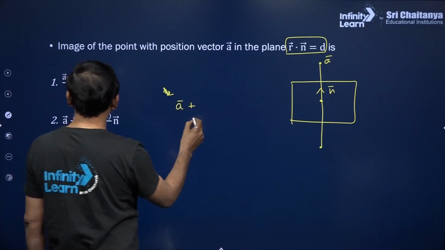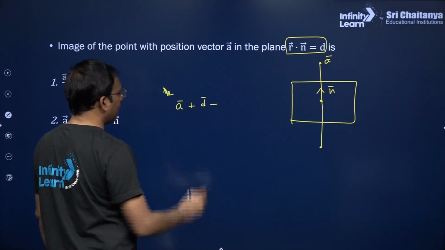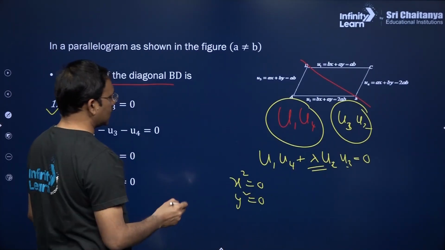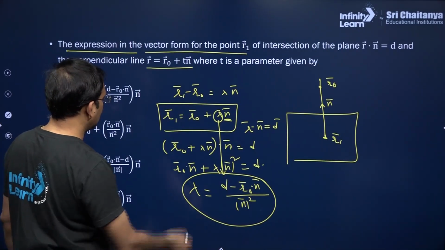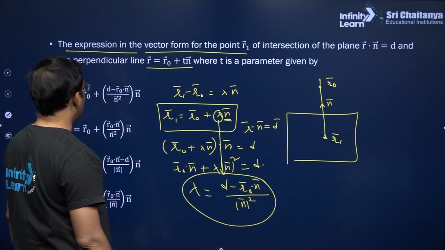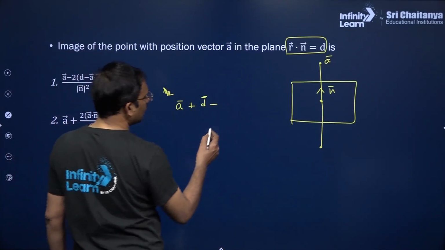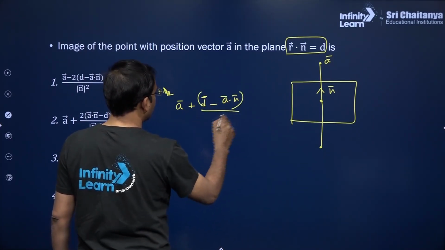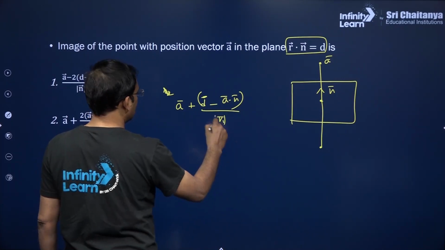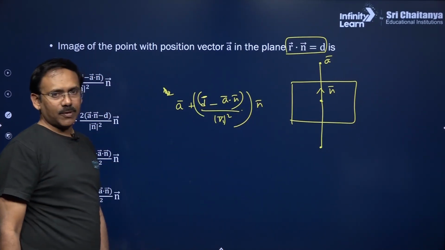plus, you see, in the previous case we have derived, this case is going to be d minus r bar dot n bar. So, we can say this is (d minus a bar dot n bar) by n bar magnitude square into n bar, my dear friend. This is the foot of the perpendicular.